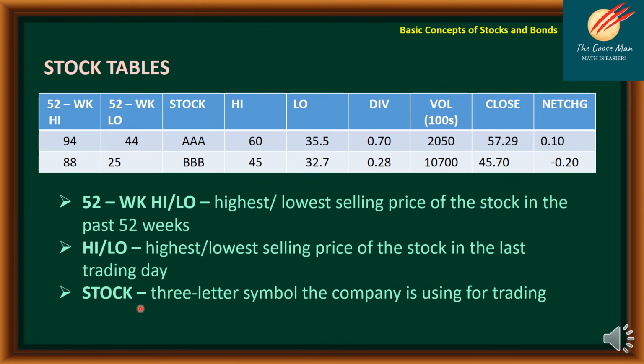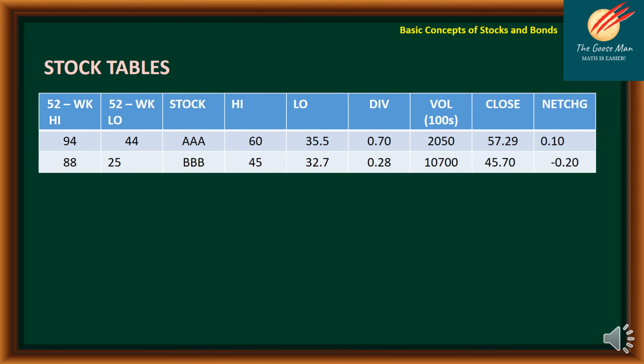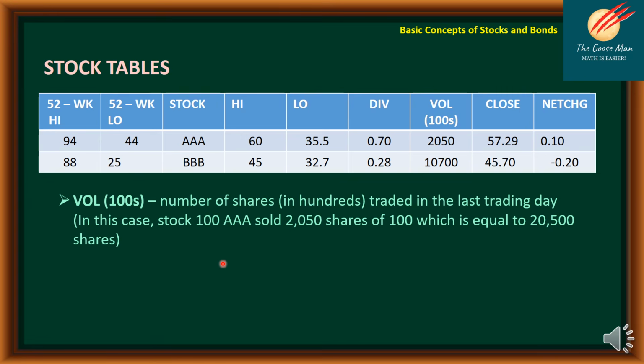Next, the stock is the three-letter symbol the company uses for trading. The next thing that we have on stock tables is the volume by 100, meaning the number of shares in 100s traded in the last trading day.